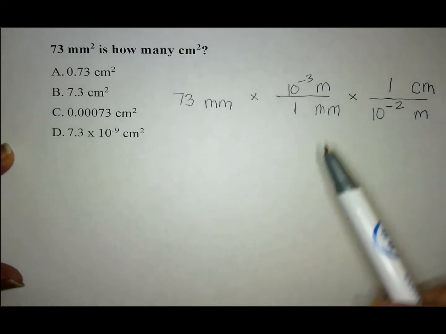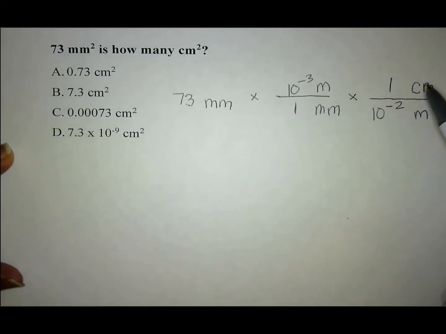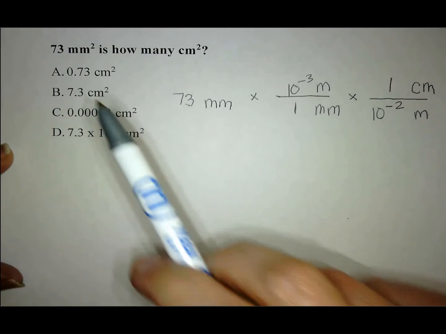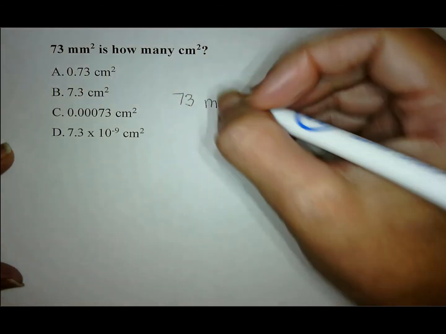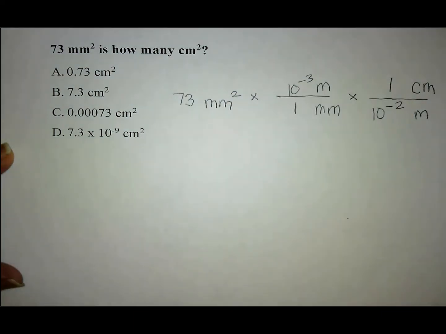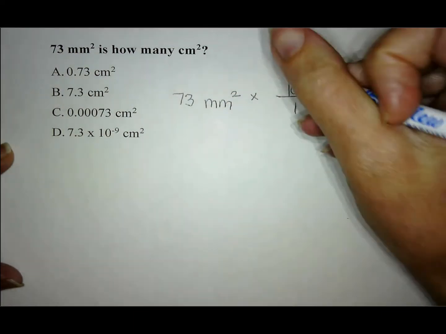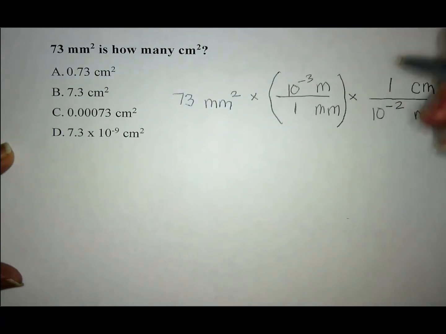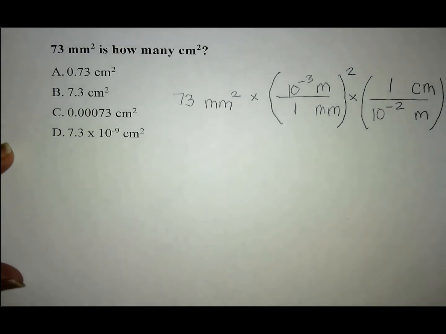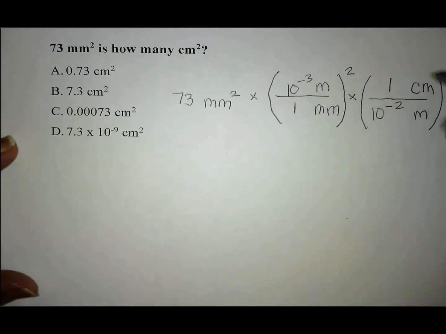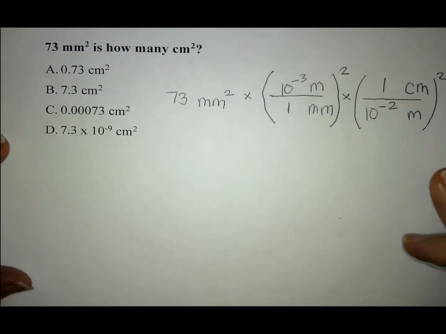So this would get me from millimeters to centimeters, but I want to go from square millimeters to square centimeters. So I'm going to need to square each of my conversion factors. So I'll put a parenthesis and put a square, and then some more parentheses around my second conversion factor and another square.